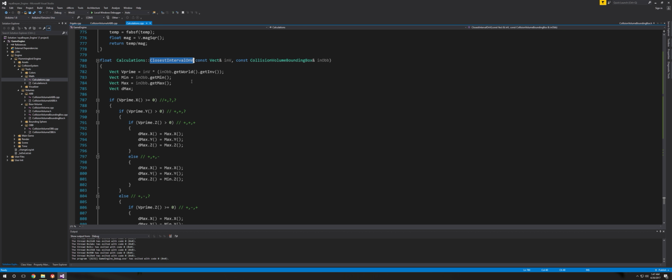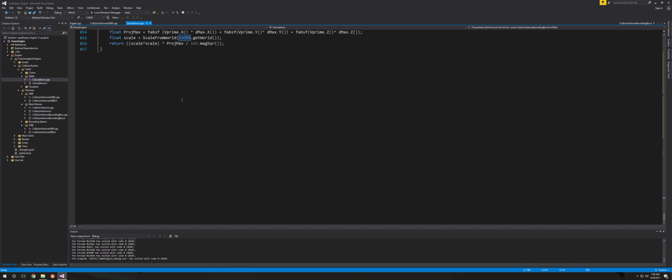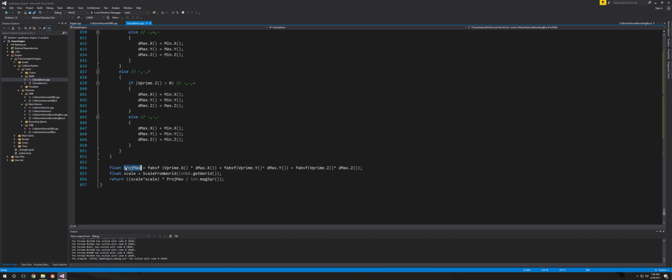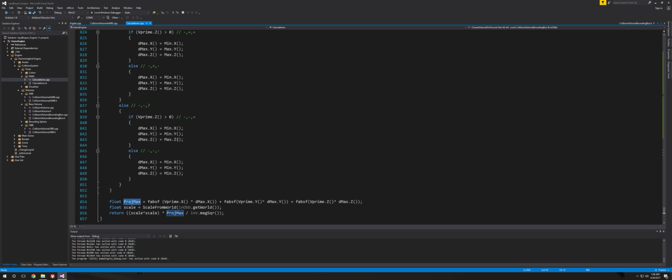To find our closest interval, we check the sign of V prime, which is the axis we're testing on, given the local space of whatever bounding box volume we are currently testing. If it's positive, we take the max of our object, and that is what we'll later use for our projection.